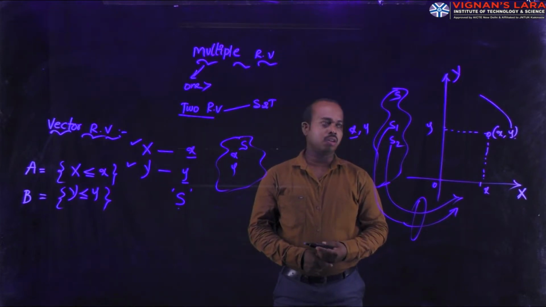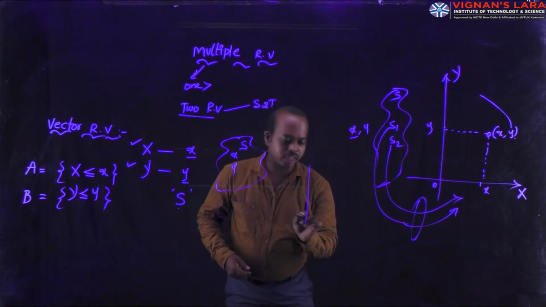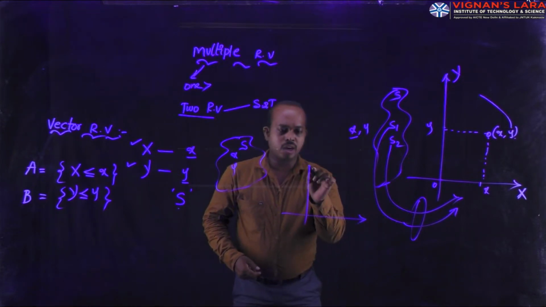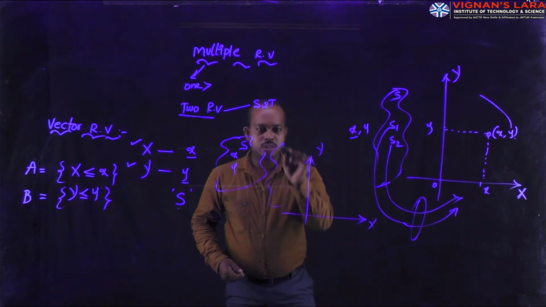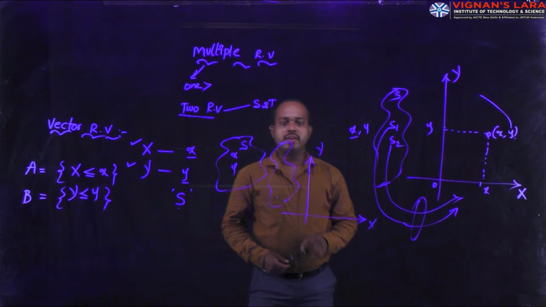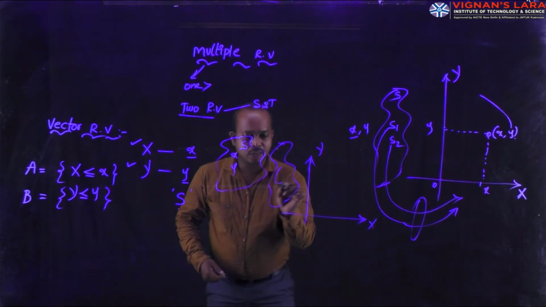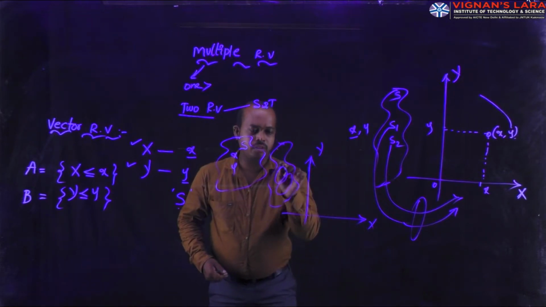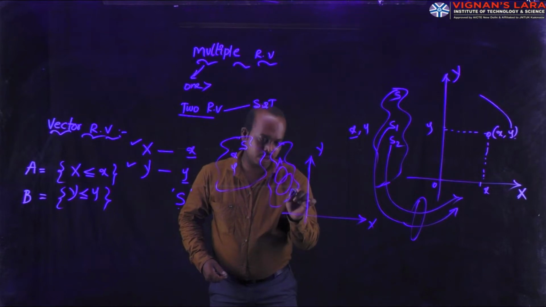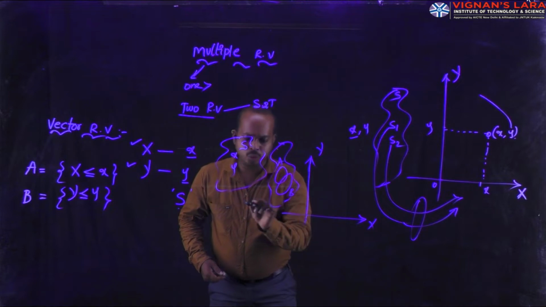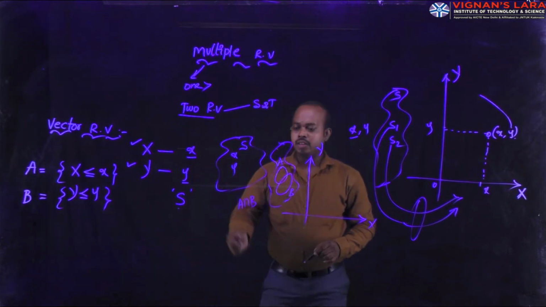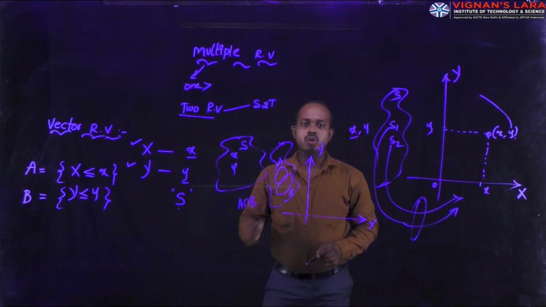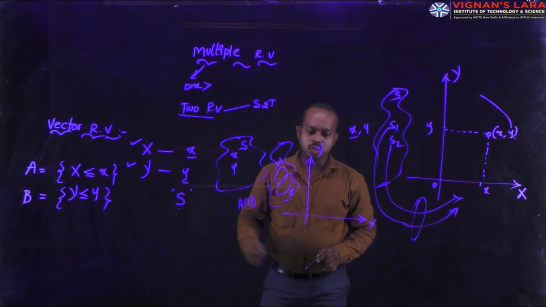In this diagram I again represent the same x-axis and y-axis, but in this sample space I represent the events as capital A and capital B. The common part between A and B we write as A intersection B. The A intersection B we call a joint function.